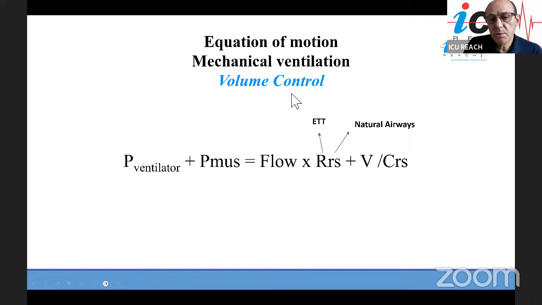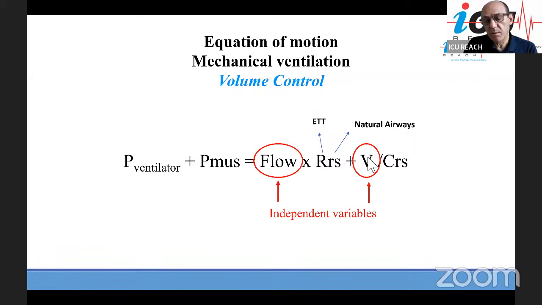So in volume control mode of ventilation, what we set on the ventilator is the volume. Of course, if we set the volume, that means that we're setting the flow also. So those are independent variables.